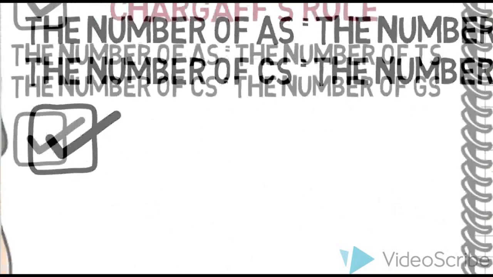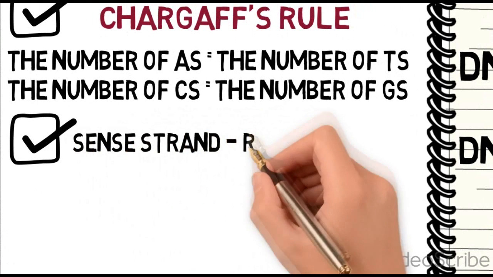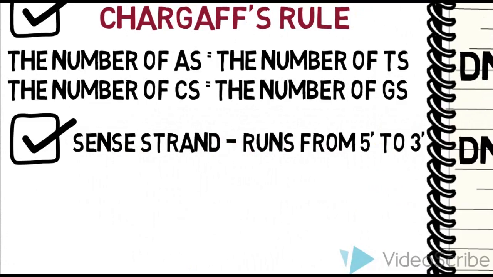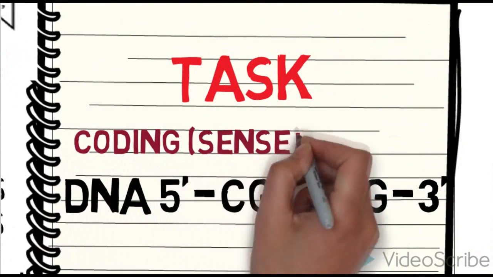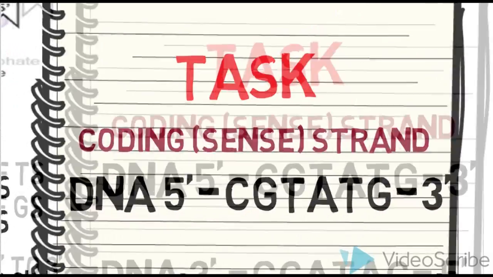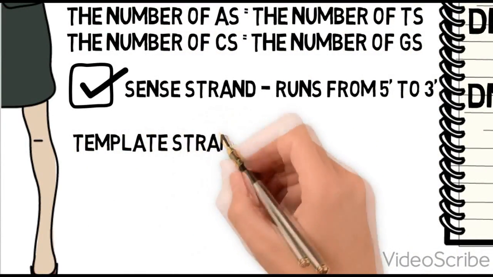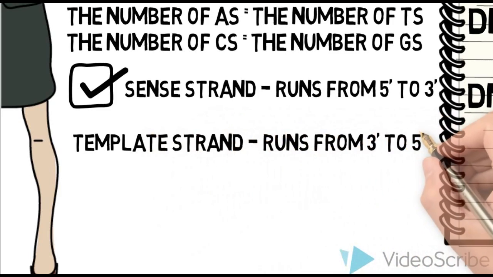Next rule. The sense strand runs from 5' to 3'. It's the coding strand. The other strand is the template strand, which runs from 3' to 5'.